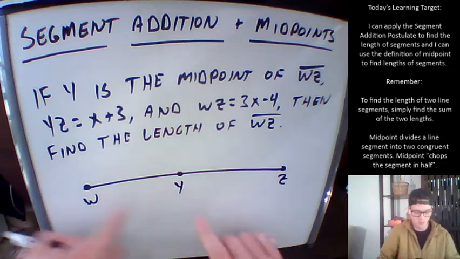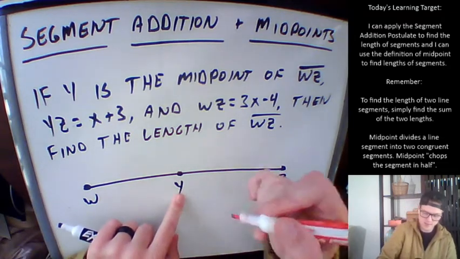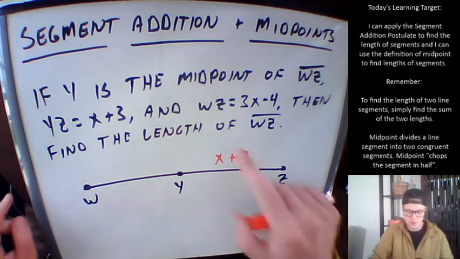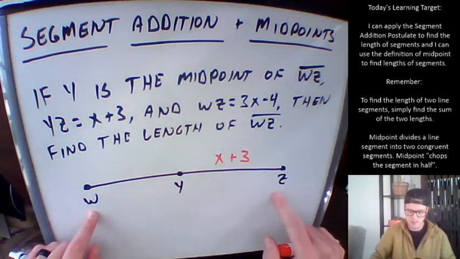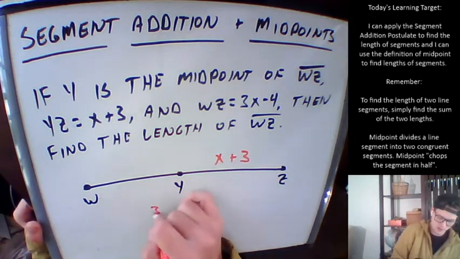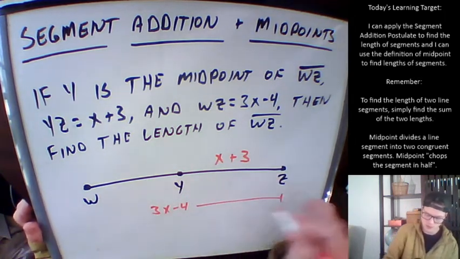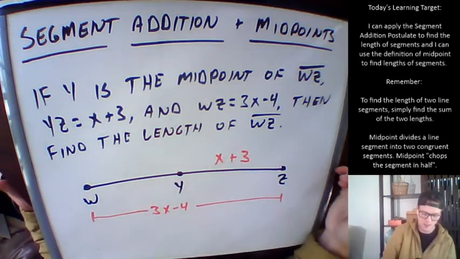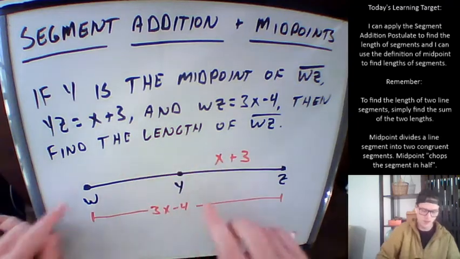We also know that WZ is 3x minus 4. That's the whole distance, all the way to both ends. Then we need to find the length of WZ. So this is our unknown.